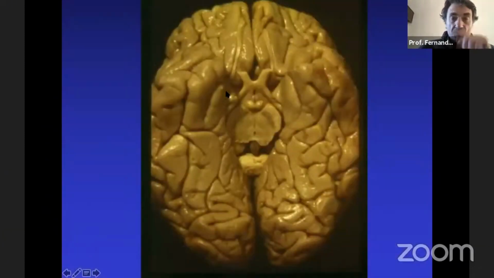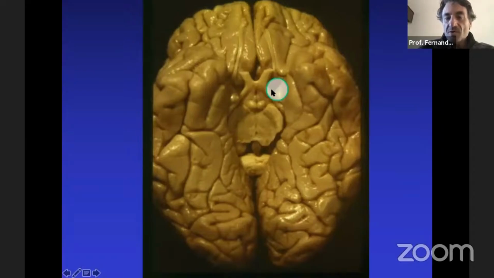This is an inferior view of a brain. We can recognize the anterior interhemispheric fissure, optic nerve, optic chiasm, optic tract, olfactory tract, the uncus of the hippocampus, and the anterior perforated substance.